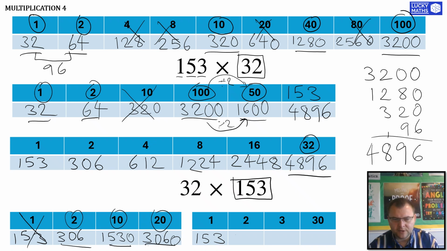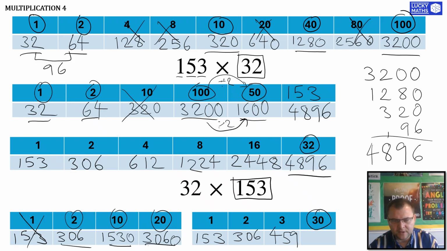And the last way I've chosen to do it, slight variation, I've doubled to get 2 lots, but then if I add the 2 and the 1 together, I can make 3 lots. So 306 plus 153 gives me 459.